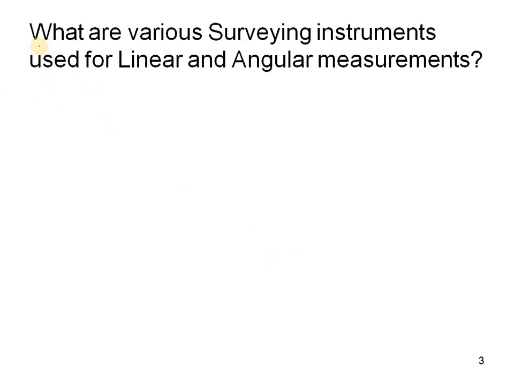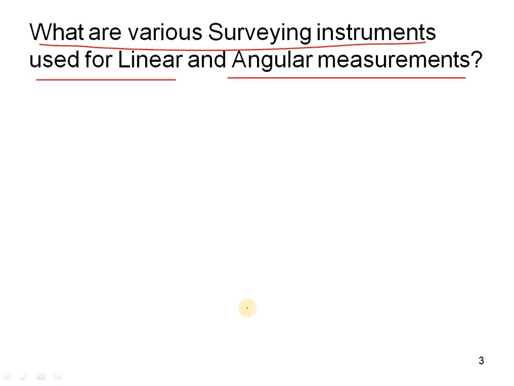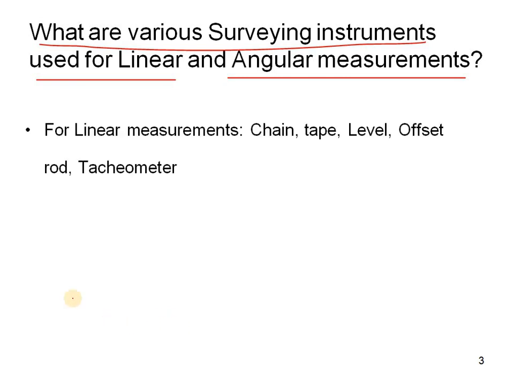So what are the various surveying instruments used for linear and angular measurements? I think this question you have seen in the first year first semester. We have the linear and angular measurements that we studied in chain surveying. For linear measurements, once again we see chain, tape, level, offset rod, tachometer. The tachometer is also called the theodolite instrument.